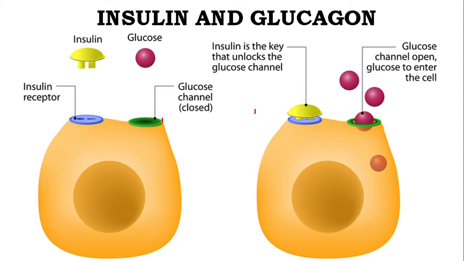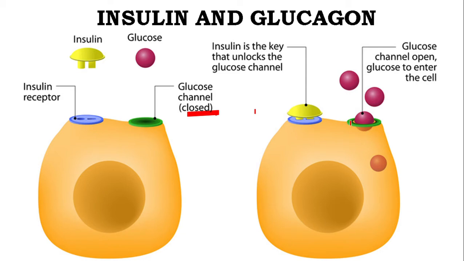Here there is a channel for the entry of glucose. Before the binding of insulin, this glucose channel is closed. But glucose is waiting outside, in the blood circulation. Now, insulin is binding with the receptor. It is something like a key.